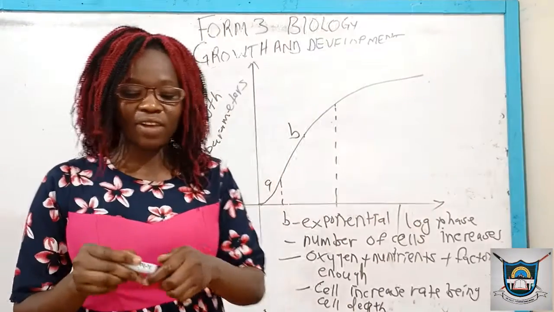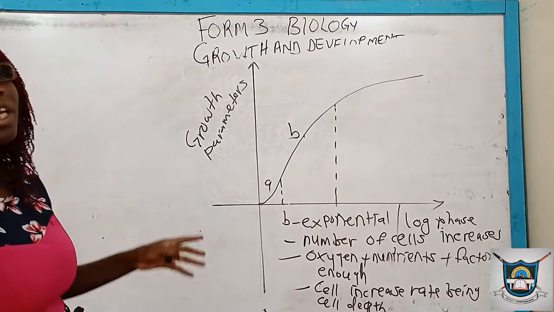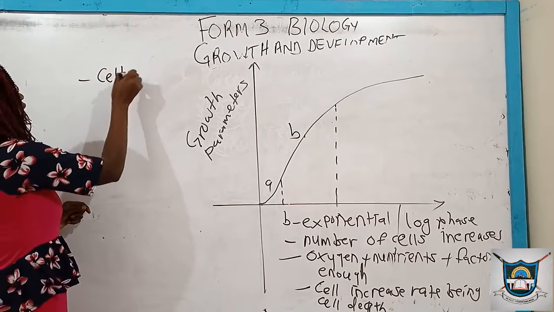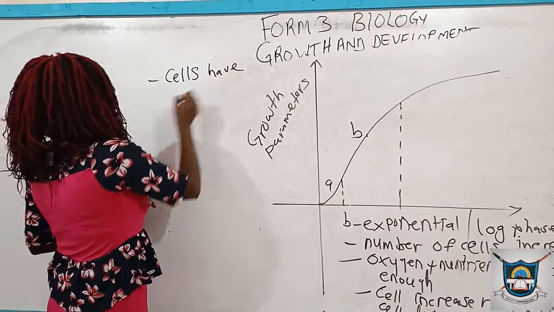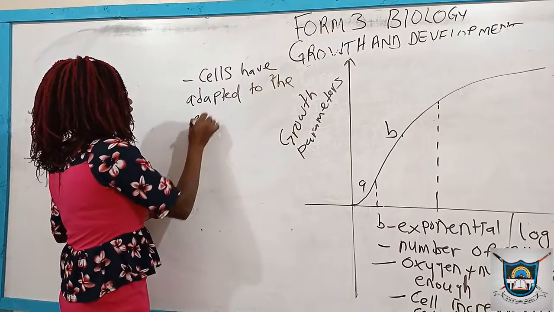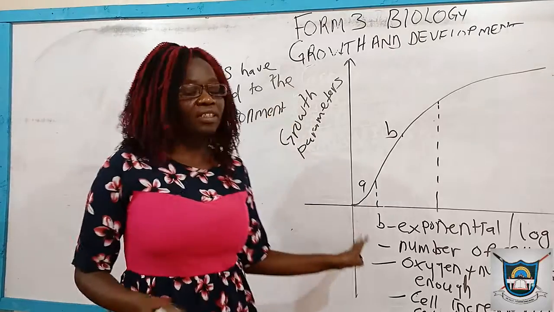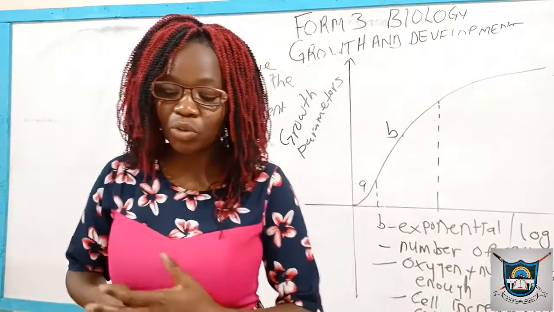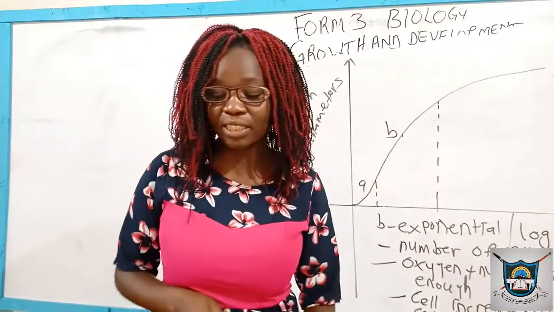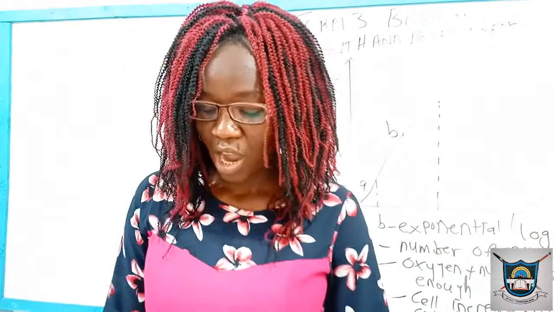Then again, remember in the first phase, we said the cells might not be adapted to the environment, and so for this one, maybe the cells have adapted to the environment. And so all these four factors might lead to a higher rate of growth in this phase. The rate of growth increases according to the number of materials or number of cells available in the organism.